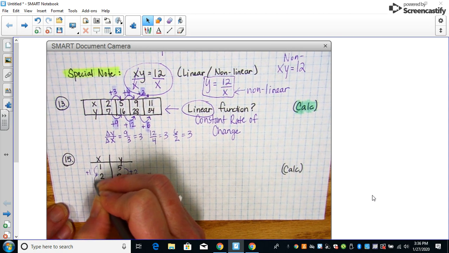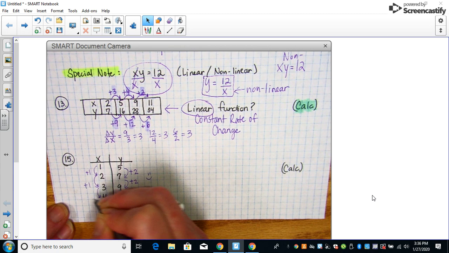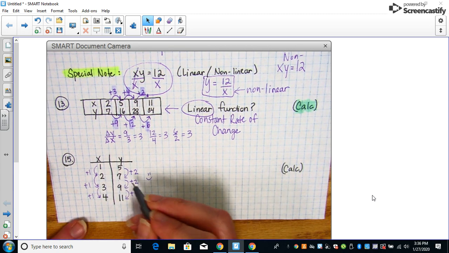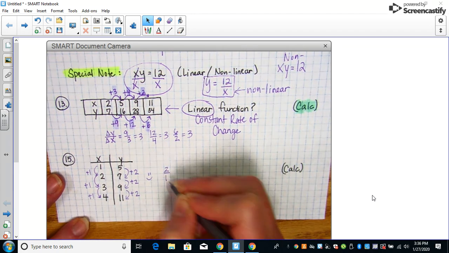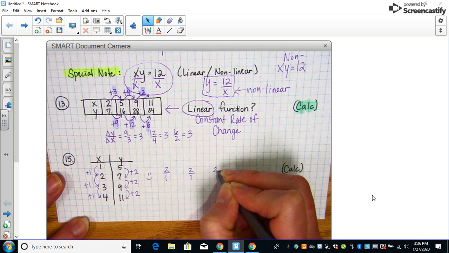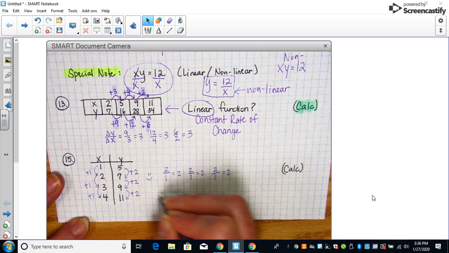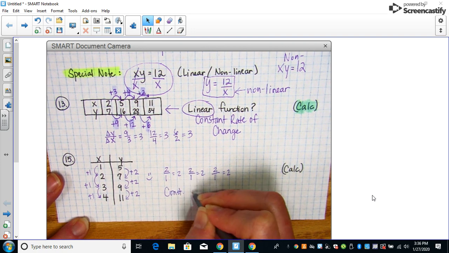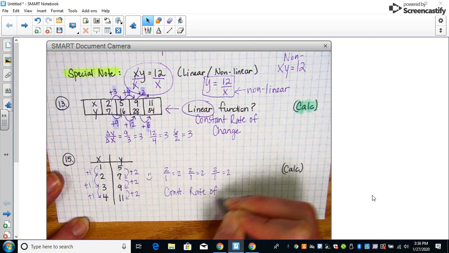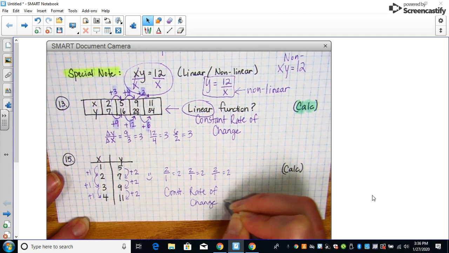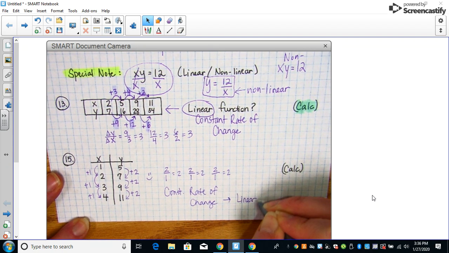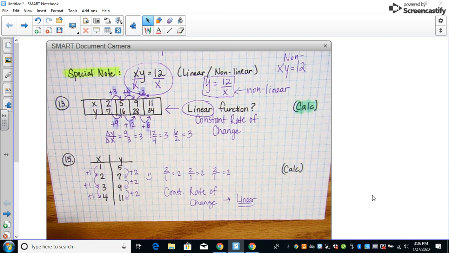Again, a plus 1, a plus 1, and a plus 1. So let's put these y's over x's and see. 2 over 1, 2 over 1, 2 over 1. They all equal the same thing. This is a constant rate of change. Therefore, this one would be linear.